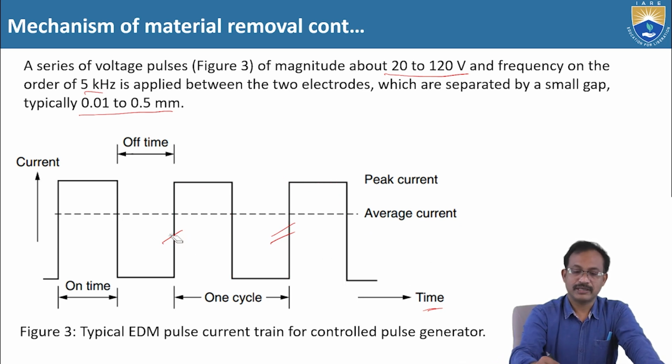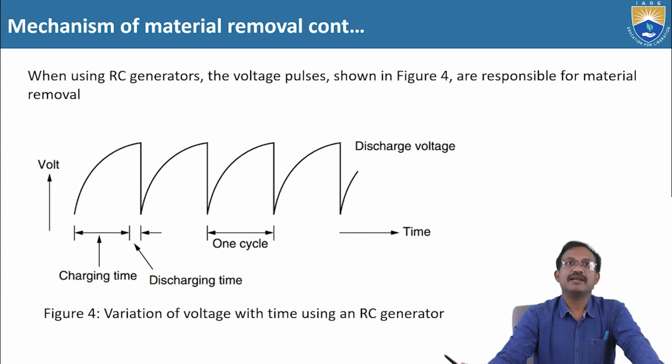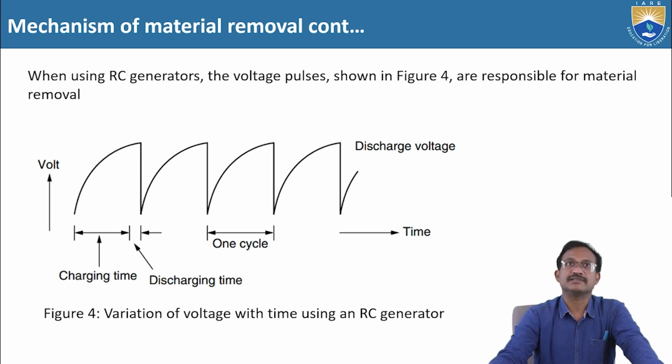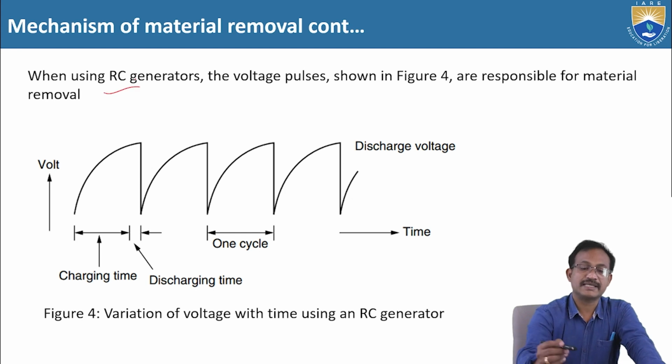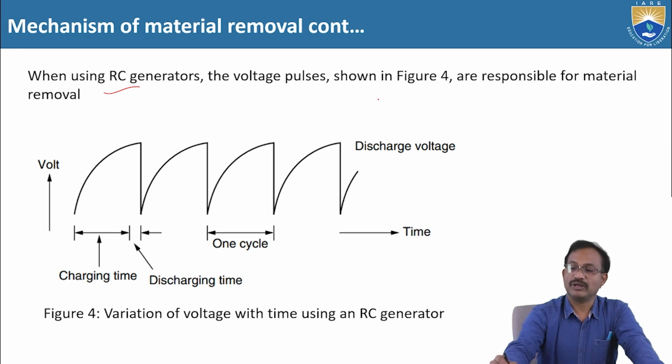Now let us see the mechanism of voltage. Okay, right, when using RC generators, RC means relaxation circuit generators, already we have discussed that, the voltage pulses shown in figure 4 are responsible for material removal.